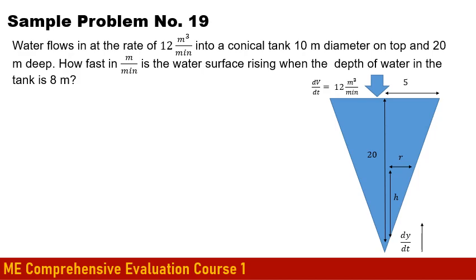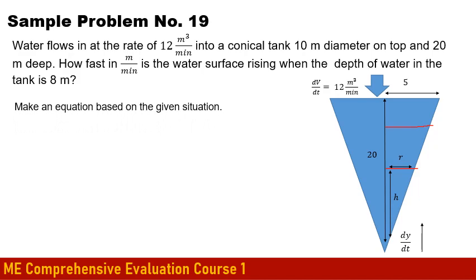Take note that the radius will differ depending on the height. Say for example here the radius would be like this, but if the water is at this level, the radius would be greater, and if it is full, then it will be 5 meter. So it's actually increasing.